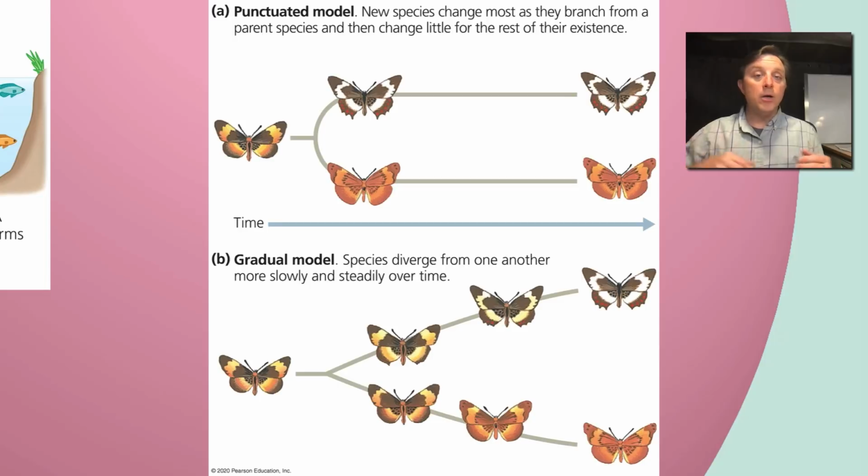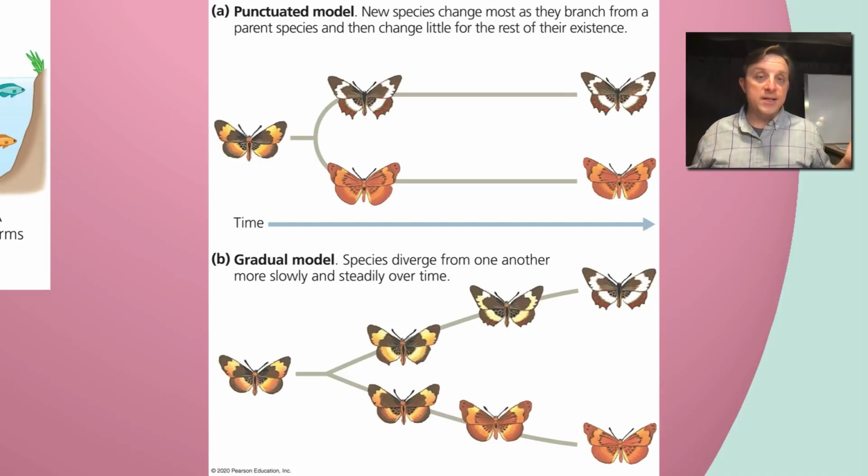The punctuated model says that there are rapid bursts of evolution where many species are formed around the same time, and then they are very stable for long periods of time. The gradual model says that change is very gradual, that there is a constant low level of change, and species are slowly changing and getting into their full divergent final forms through this constant slow rate of change. Which one is true?